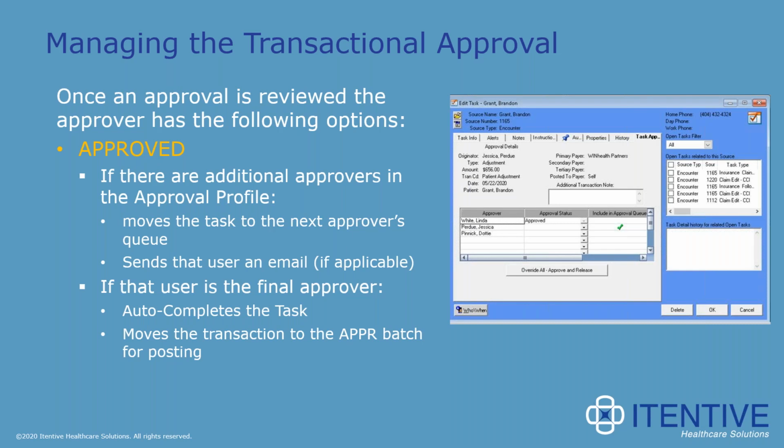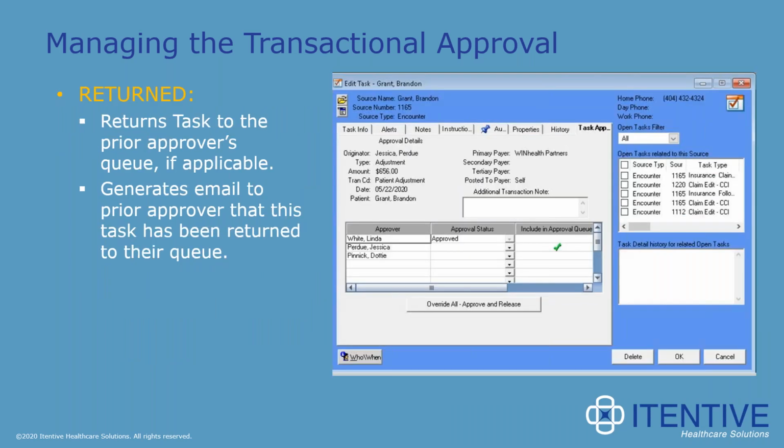If there are additional approvers in the profile, levels above me that have to approve it, it moves that task into their queue and sends that next user an email, if you've set it up that way, that they have something that has moved from my queue into theirs. If I'm the final approver, it just auto completes the task and moves the transaction out of the hold batch into the approved batch.